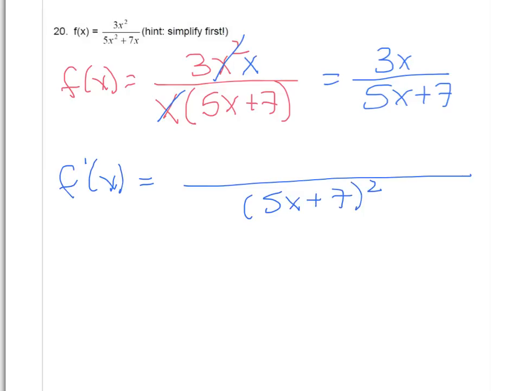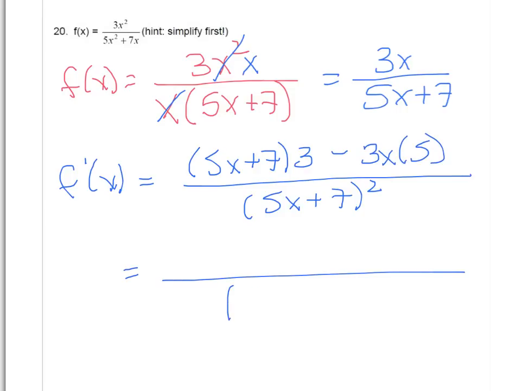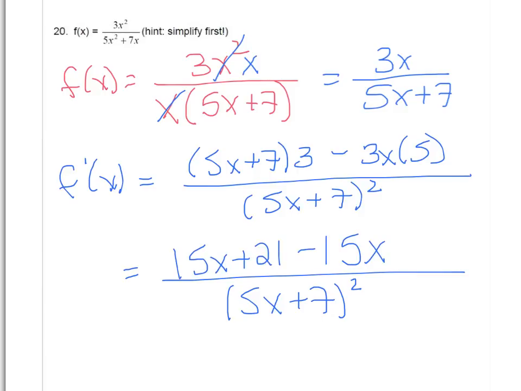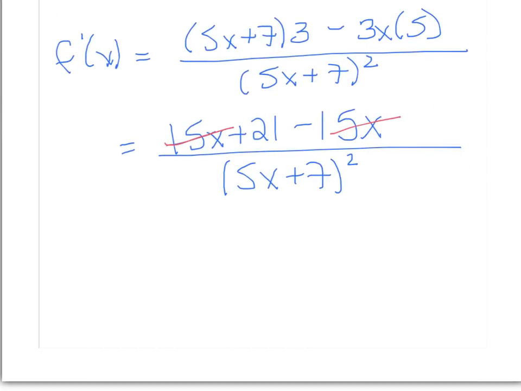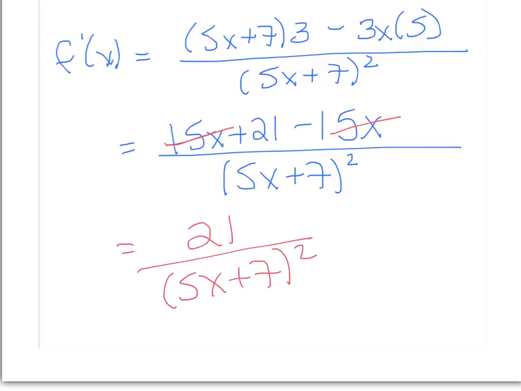So the numerator is low d high minus high d low. And then I'm going to distribute the 3 and the negative 3x. So then we're left with that's 21 divided by 5x plus 7 squared.